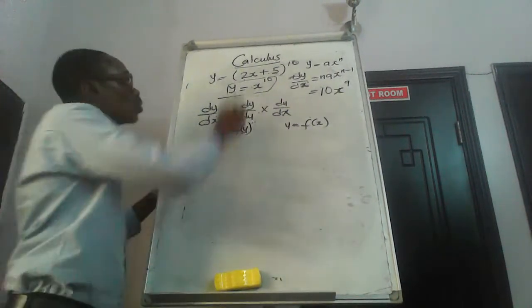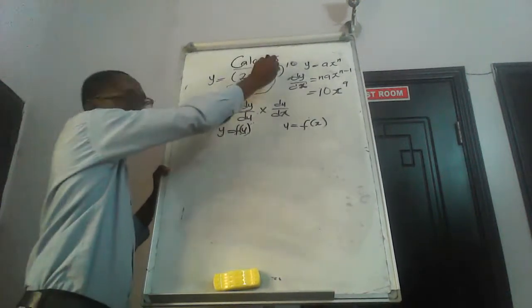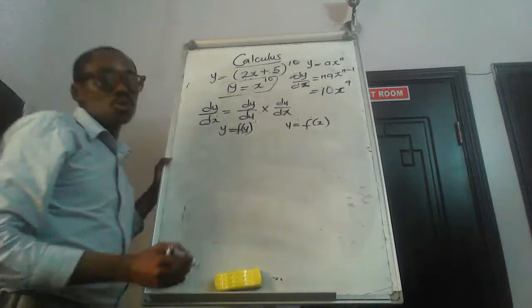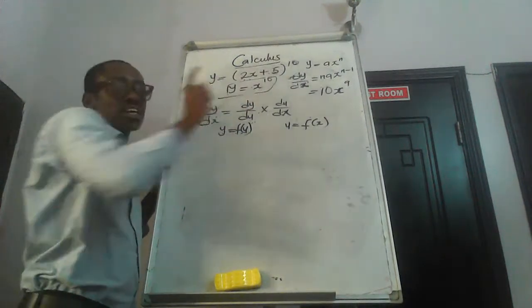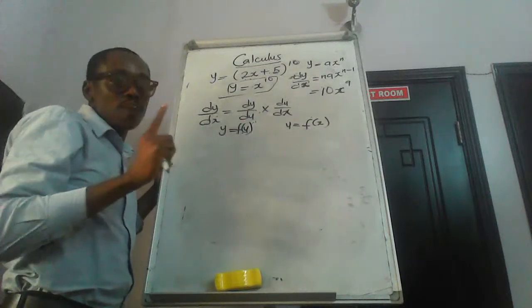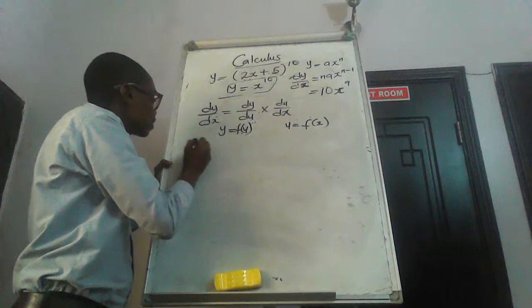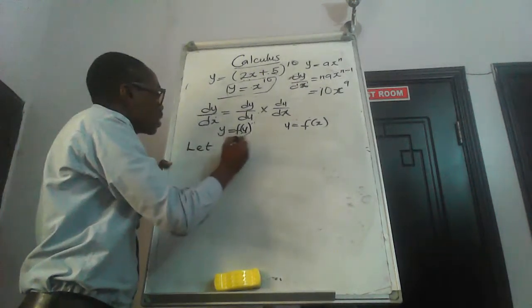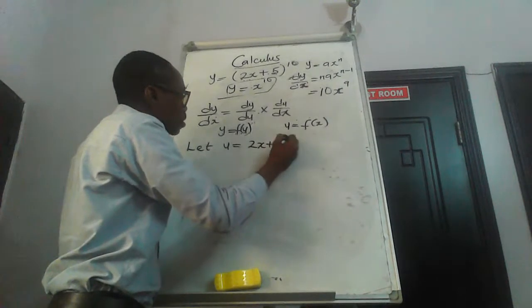So how does this work here? Like I told you, this is a function of a function. So what you are going to do is replace 2x plus 5 with an alphabet. So you can say, let u equal 2x plus 5.